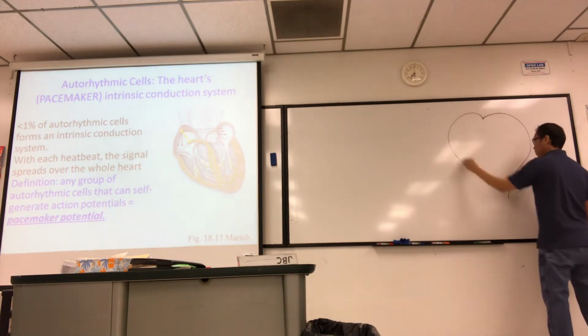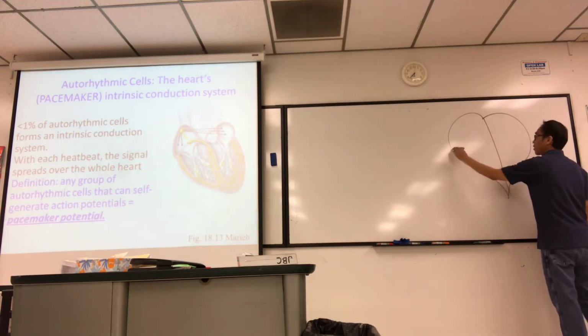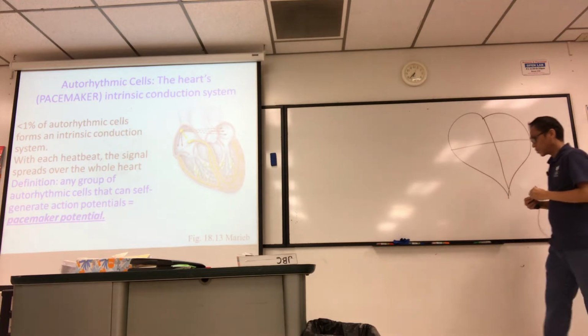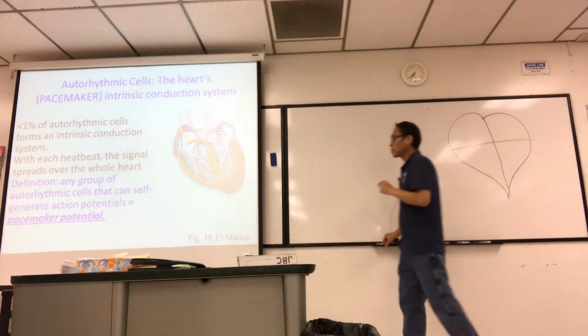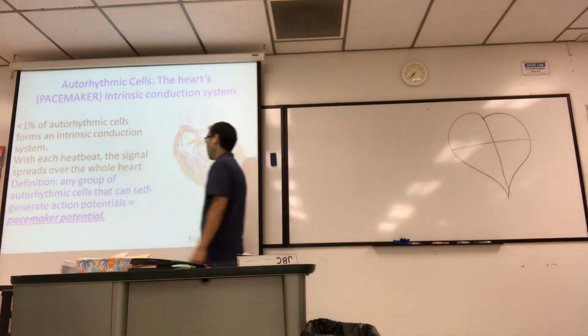Just use my simple illustration of the heart with our 4 chambers. You want to start paying attention to the most important part of the heart that starts the heartbeat.